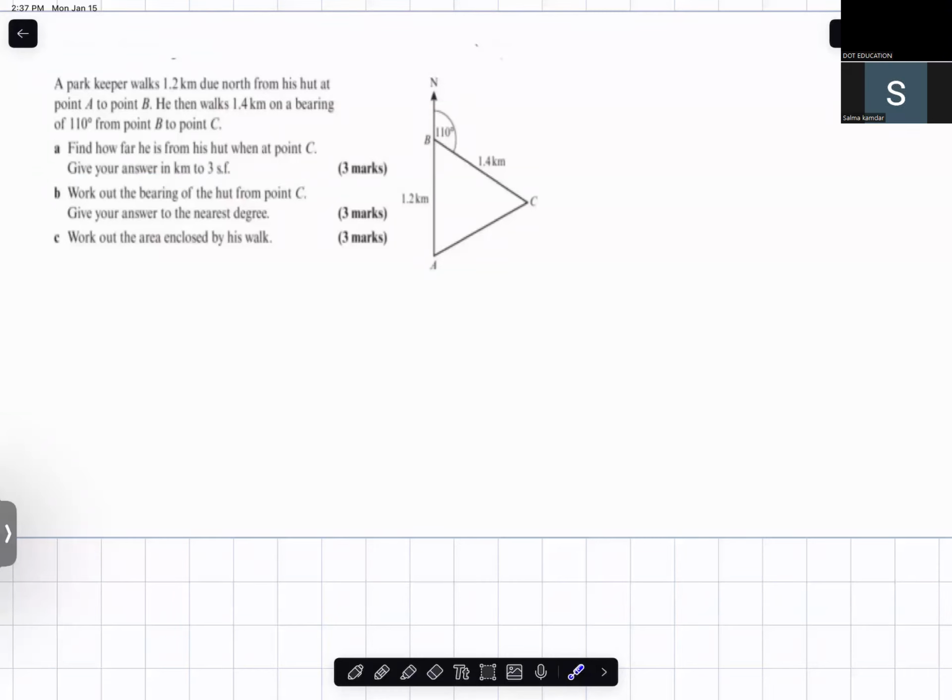The first thing we have to do here is to find the remaining angle, which is 180 degrees minus 110. This gives 70 degrees. So we have two sides given to us, 1.2 and 1.4, and we have an angle given to us. So we can simply find the length of AC.